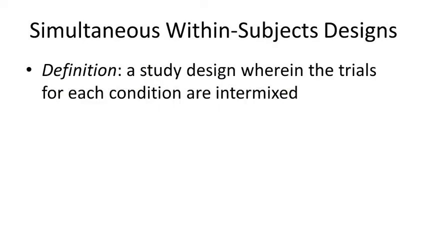So there are other techniques you can use if you're worried about this kind of variance affecting your data. For example, you could do something called a simultaneous within subjects design. This is a study design wherein the trials for each condition are intermixed.